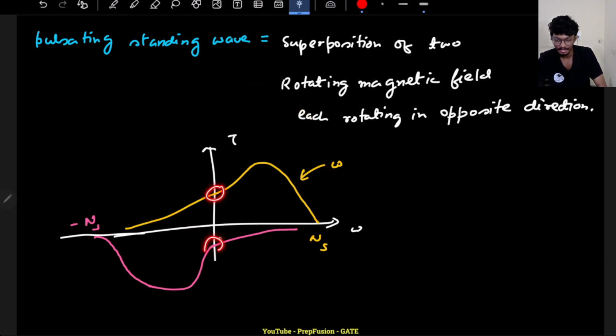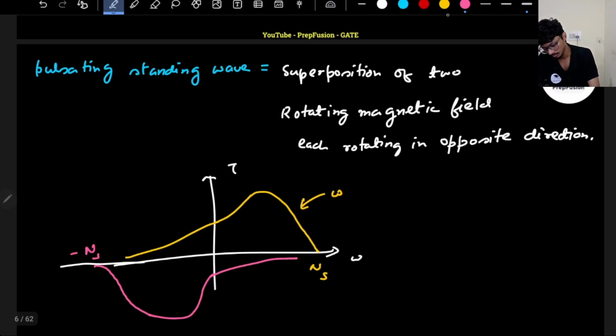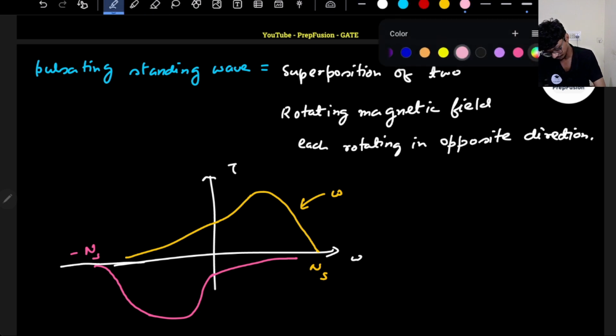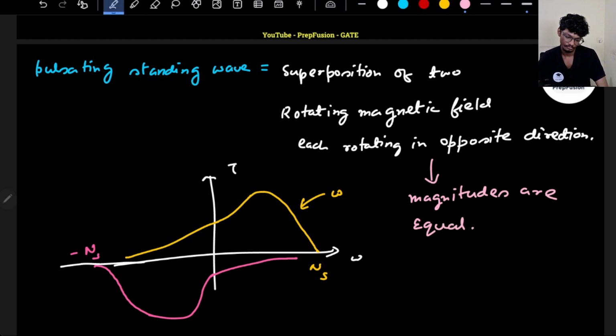Now remember, both of them are equal and opposite because their peak values are equal. Both magnitudes are equal.